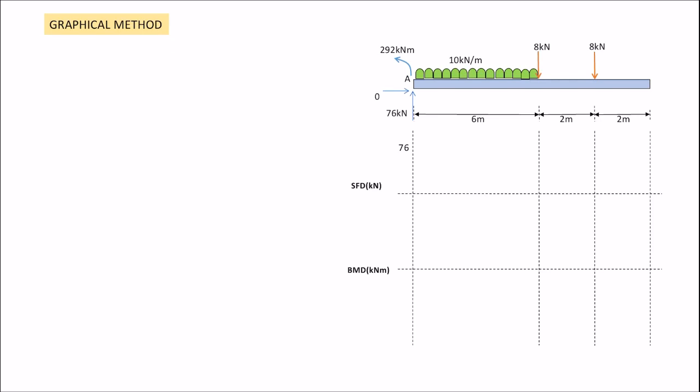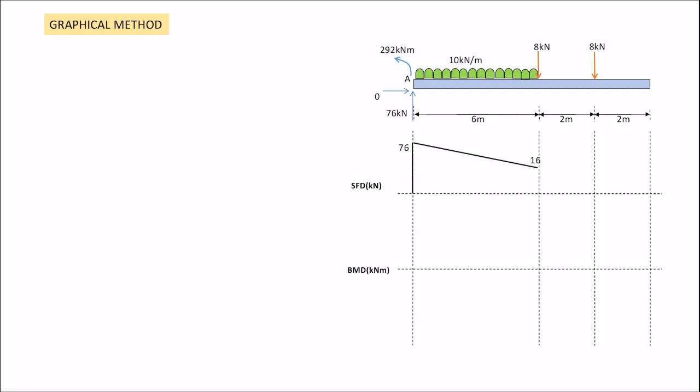So for SFD, you have to mark at 76. Next, for 6 meter, there is a UDL. Therefore, 10 kilonewton per meter times 6 becomes 60. So, 76. The UDL is a loading going down, so 76 minus 60 kilonewton. Then you get 16. Draw the line.